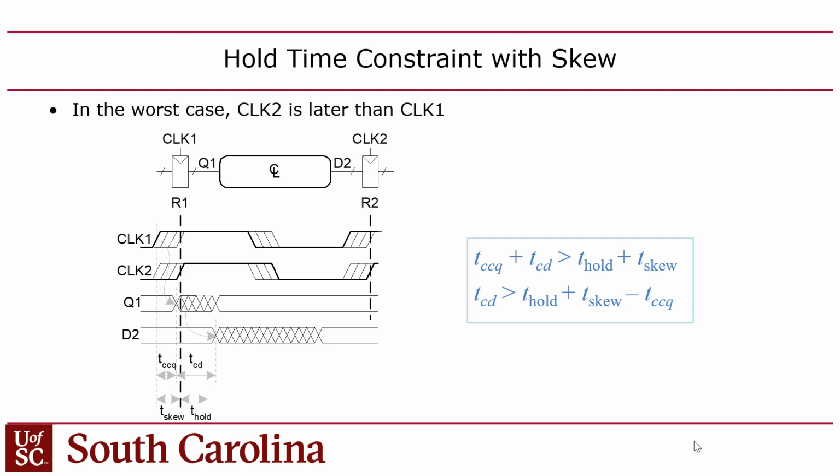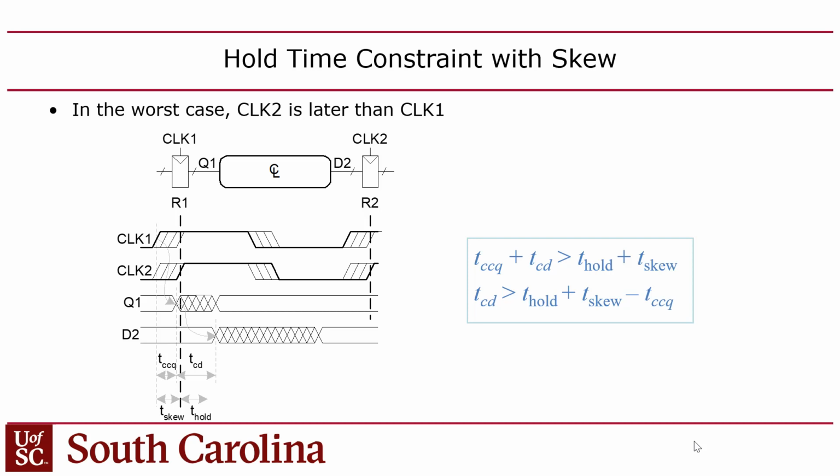You have to say that the contamination delay of the flip-flop plus the logic has to be greater than the hold plus the skew, because the skew might give it, again, a head start, right? So you're putting the skew on the same side of this inequality as the hold time, because the hold time is the minimum delay. But you're going to add the skew as a more minimum delay to account for this head start possibility, right?